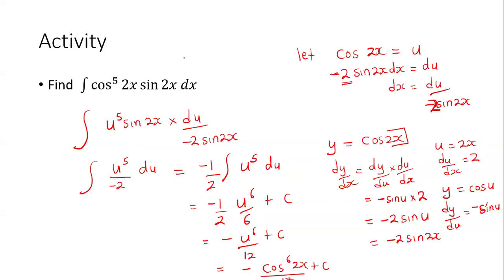I first let f of x be cos 5x. Then f prime of x is negative 2 sine 2x.